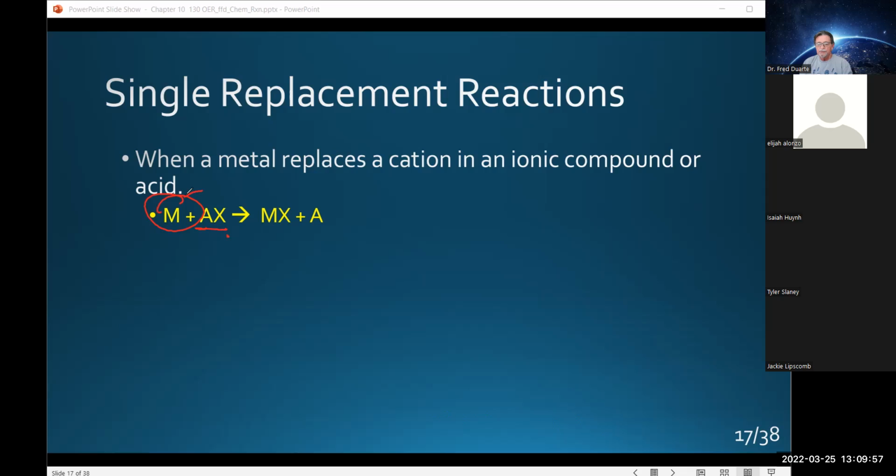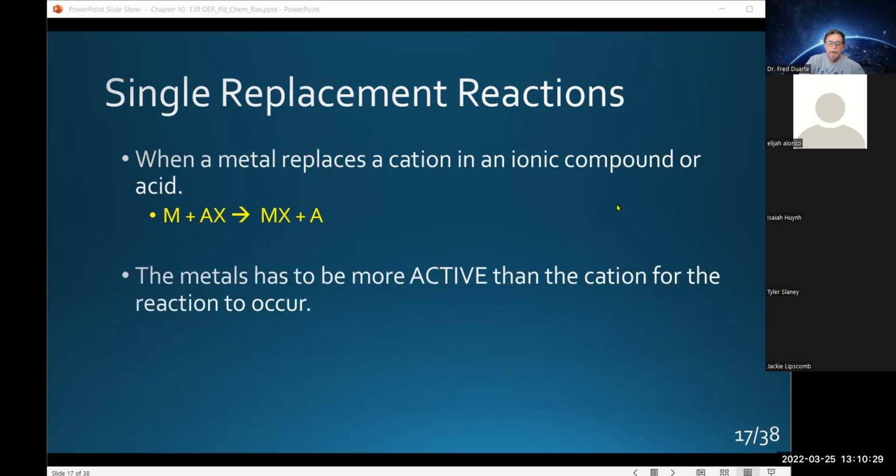It is a lot more stable in ionic form than in the elemental form, but only when it's in the presence of a less reactive metal in ionic form. That's the bottom line. The M is a lot more stable when it's ionic in the presence of another metal that is ionic.